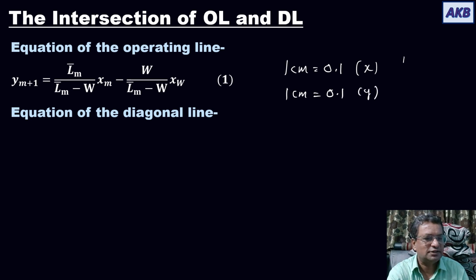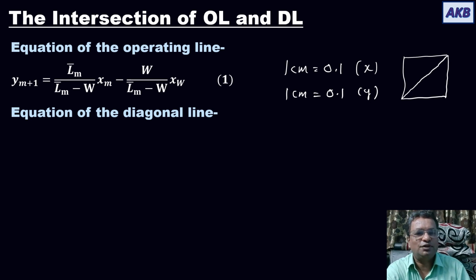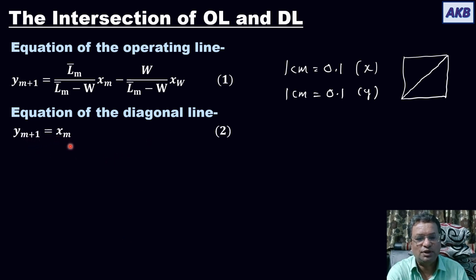If that is the case, it will be a square plot, and the diagonal we are talking about will be the diagonal of a square. Such a diagonal makes an angle of 45 degrees with the horizontal. Therefore, its slope will be 1. In that case, the equation of the diagonal line will be Ym plus 1 is equal to Xm. Let us call this equation 2.